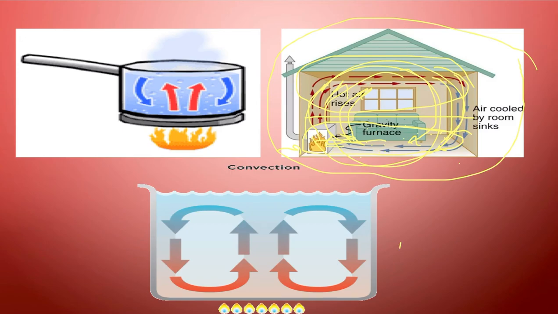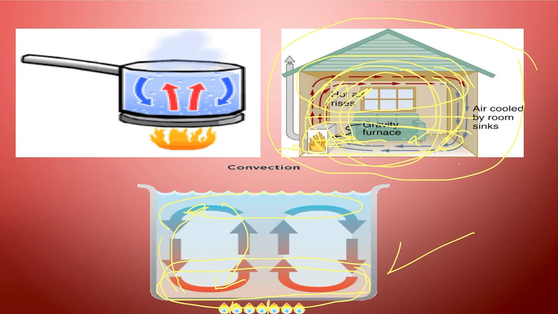As you see here, this is the shape of the convection current. The part of the water or the liquid or any fluid, even if it is a gas, is exposed to high temperature. So the particles at the lower part will have more thermal energy, so they will move more freely, so they will have low density, and they will move upward. The particles at the upper part will move downward.